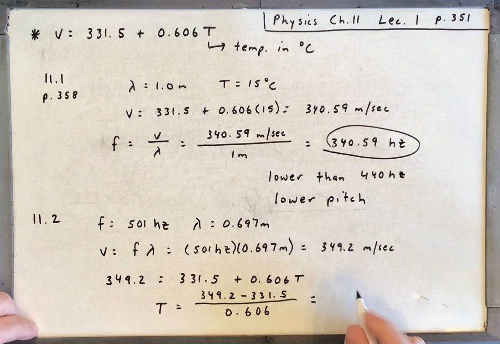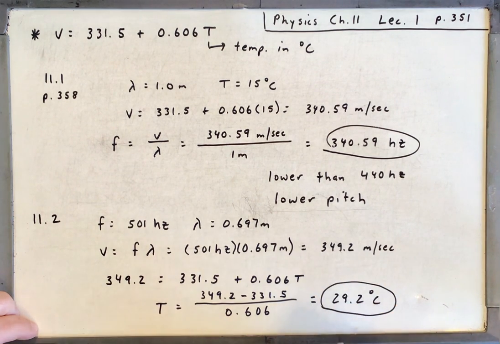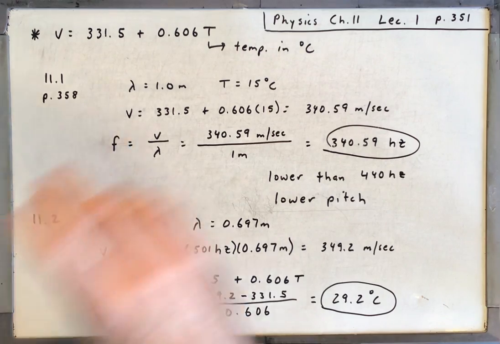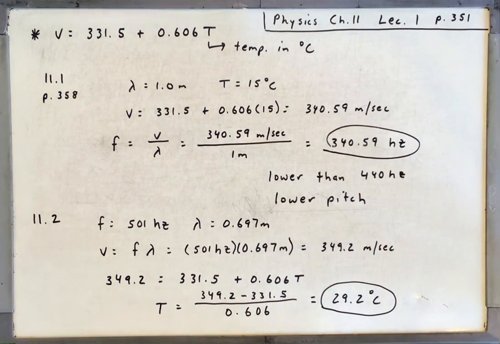All right, and you will get 29.2 degrees C. That'd be a nice warm summer day. All right, so pause the video if you're still writing, and I will erase this and move on.